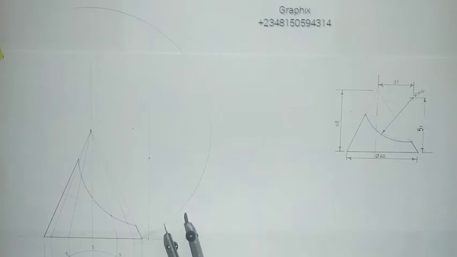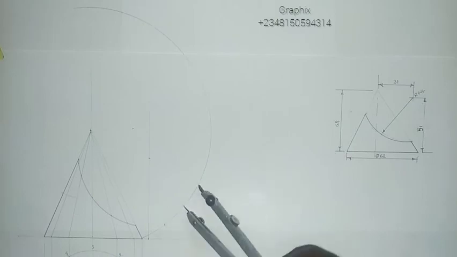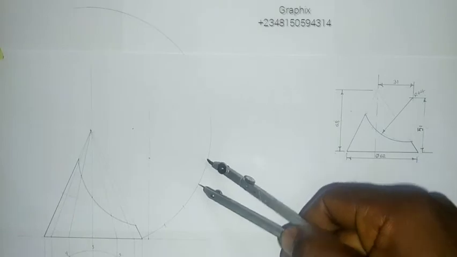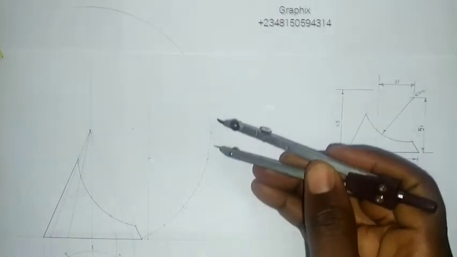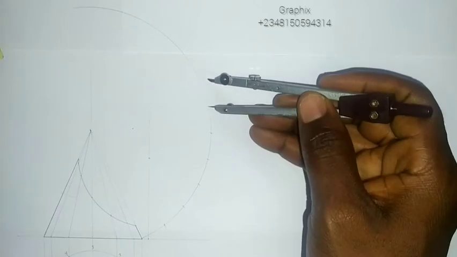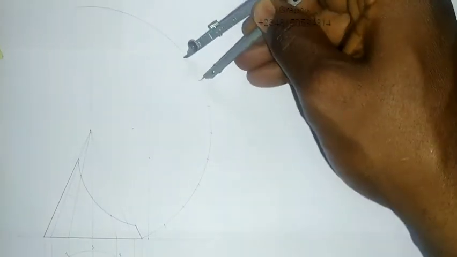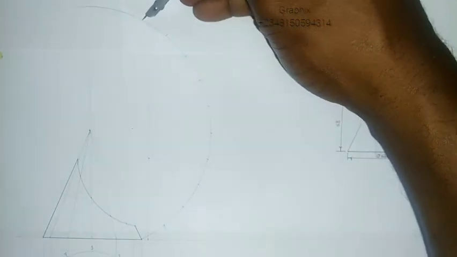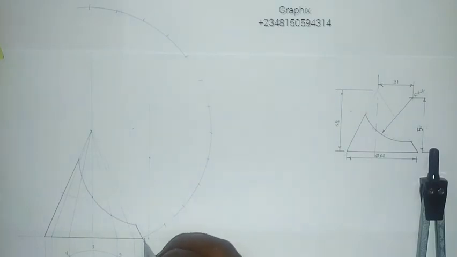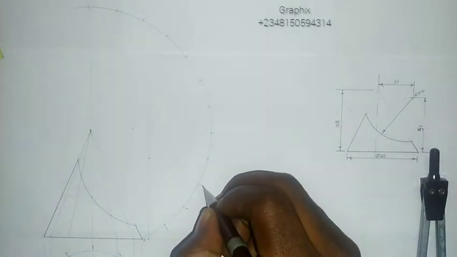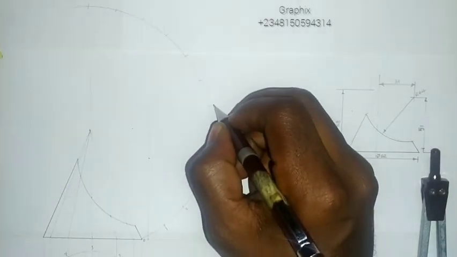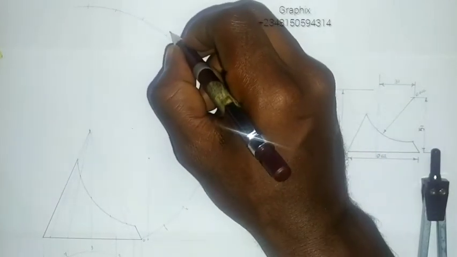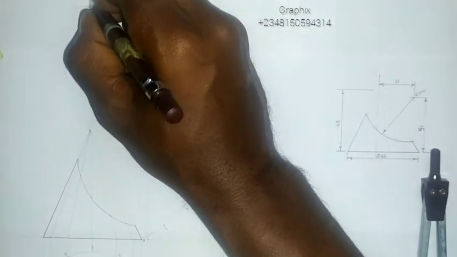This is 1, 2, 3, 4, 5, 6, 5, 4, 3, 2, 1, 0. That's what we're having.